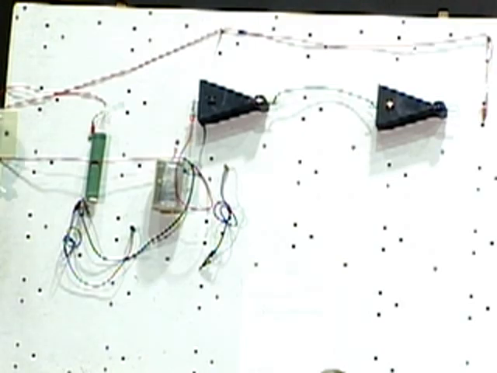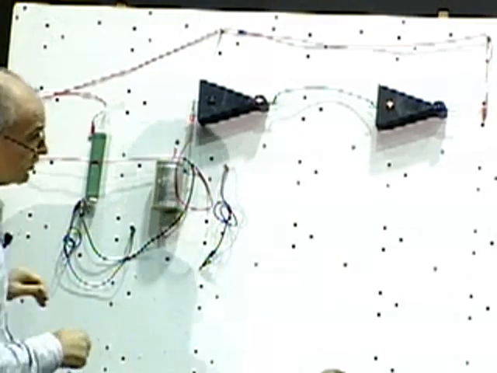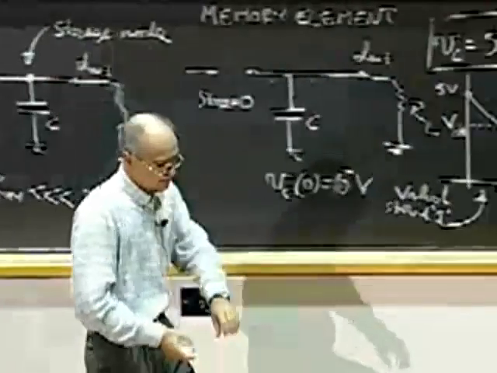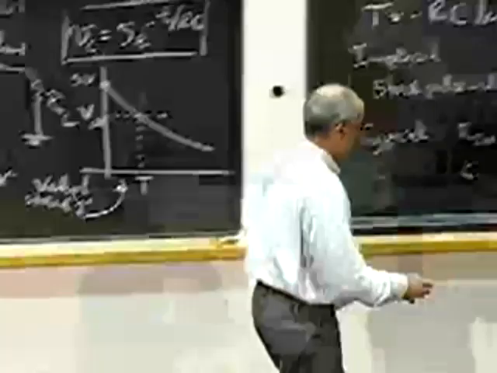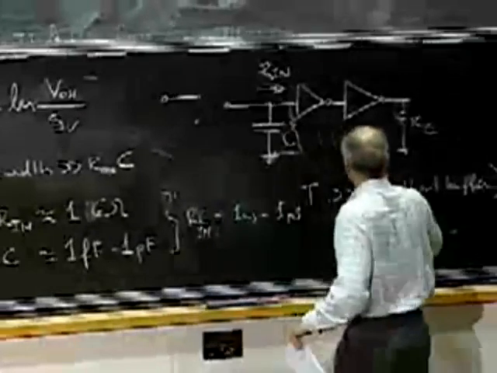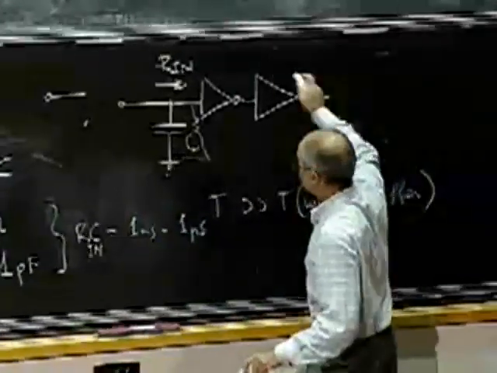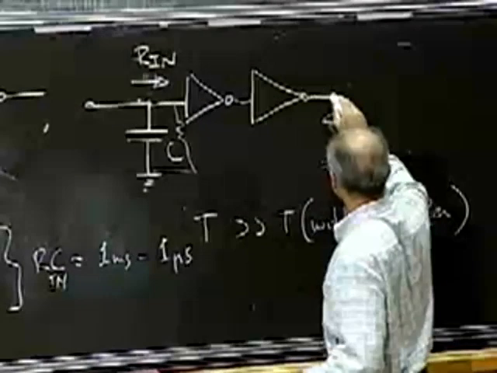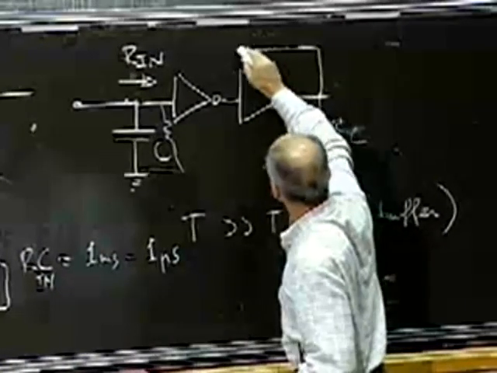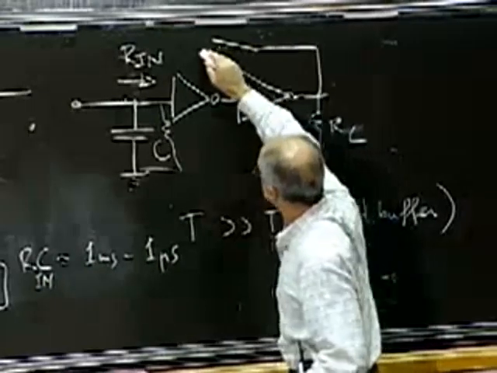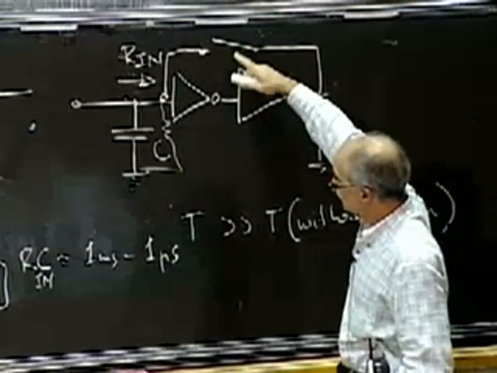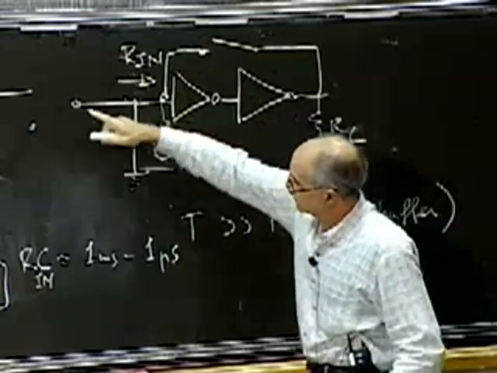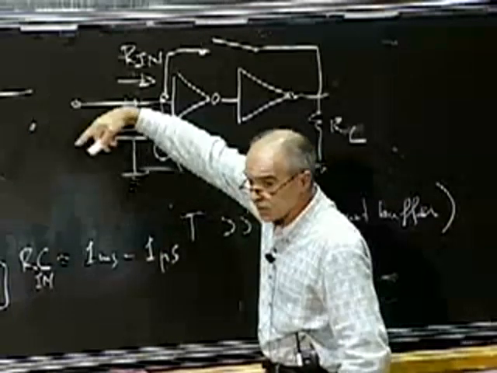Now notice, however, that there is something I can do here. Suppose I take a switch, okay, and provide a path from the output back to the input here. This switch is open when this is closed, and closed when this is open.